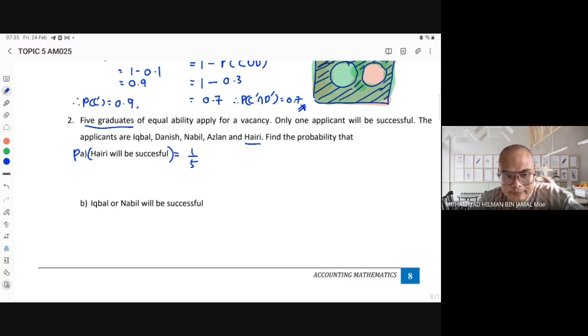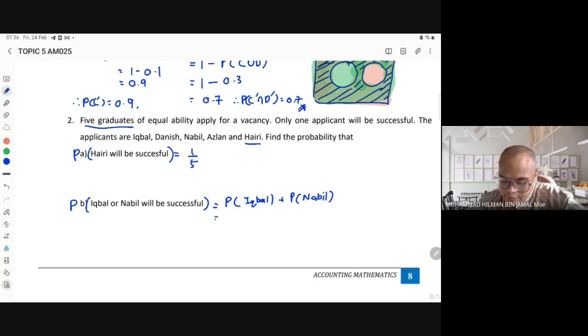Okay, and then next find the probability that Iqbal or Nabil will be successful. So supposedly the formula is probability of Iqbal succeeding plus probability of Nabil succeeding minus probability of Iqbal and Nabil both succeeding. Okay, but because this is a mutually exclusive event, we know there will be no intersection. So our formula will just be Iqbal plus Nabil.